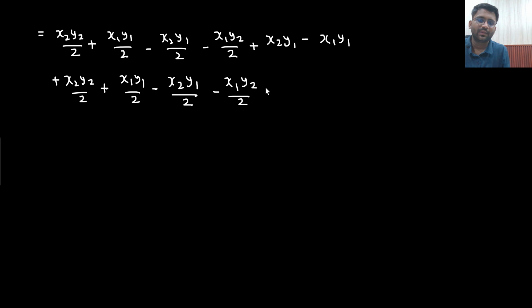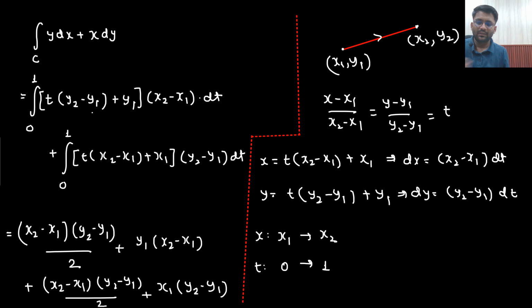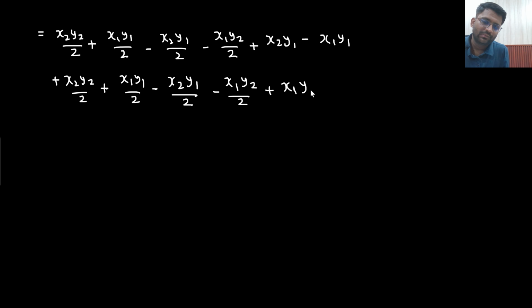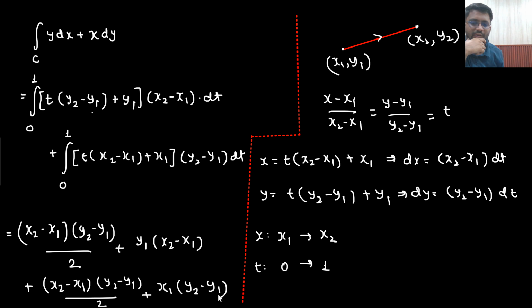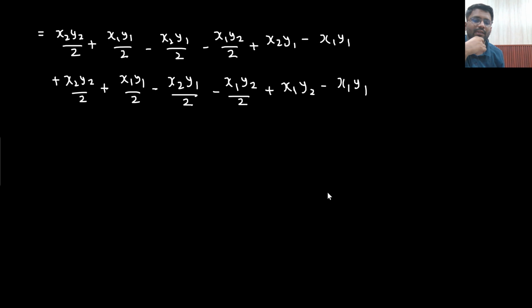Say yes or no. Plus x1 y2 minus x1 y1. Now let's see what is being cancelled out, what is being added. x1 y2 minus x1 y1. So is something being cancelled out or not?